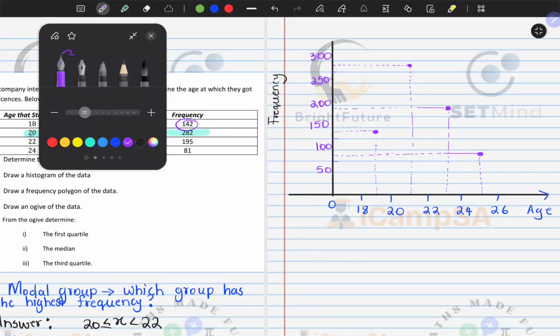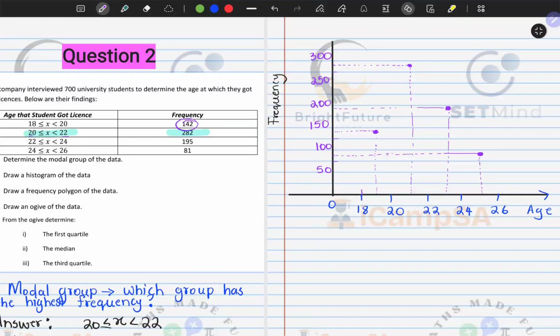So now, how do we finalize all of this? Well, it's very simple. What I'm going to do, move like this, stop there, go down at 20. Okay, so that is what we have. And then for the next one, go up here, come down at 22. Okay, that's about correct.